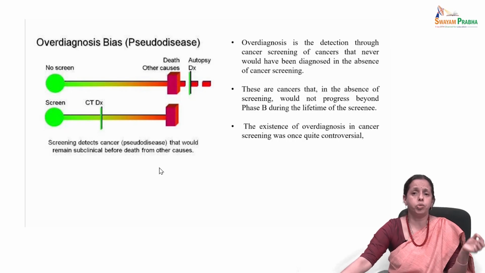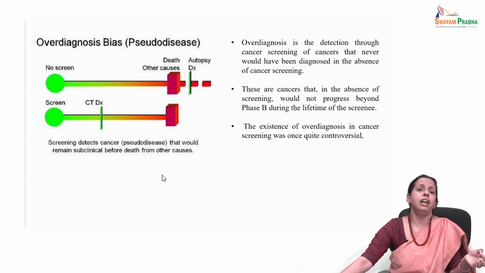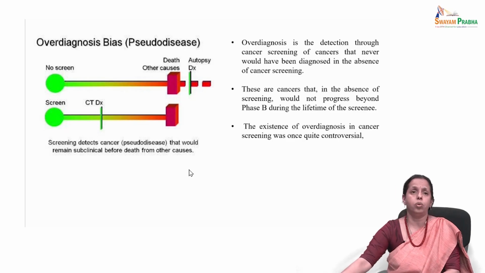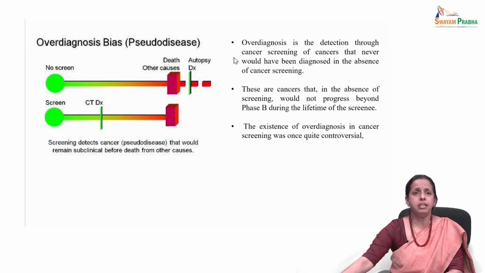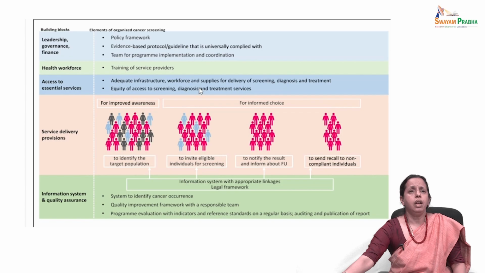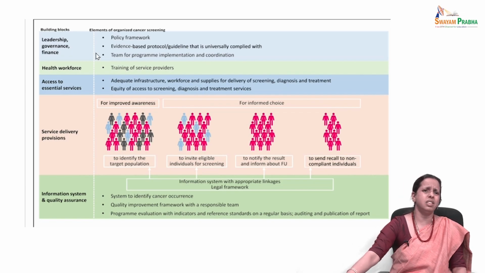Maybe that particular tumor could have been totally non-lethal. These are all just example cases; we really do not know. This is one more term to pay attention to: overdiagnosis bias and pseudo disease.